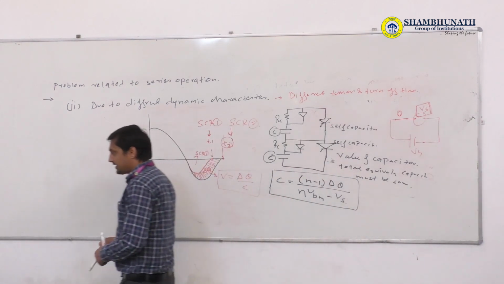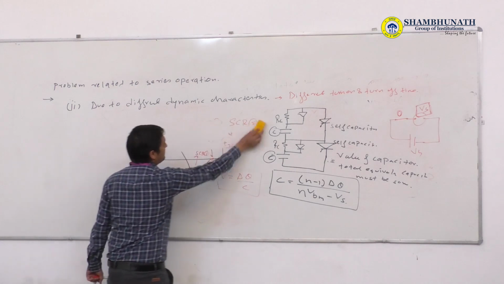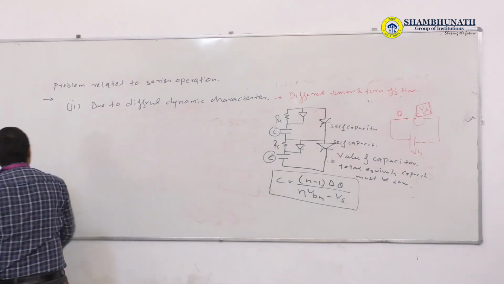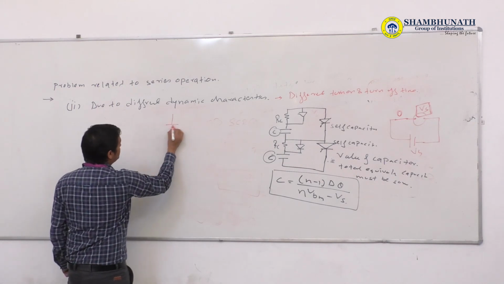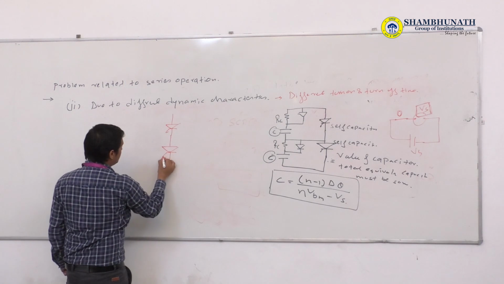Therefore, the total protection against unequal distribution can be designed as follows. Suppose this is thyristor 1 and this is thyristor 2.